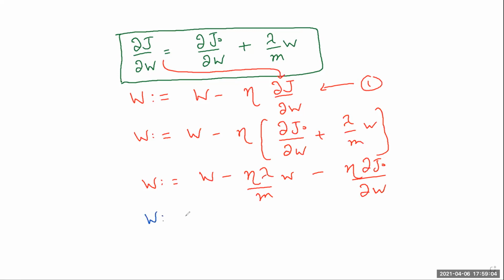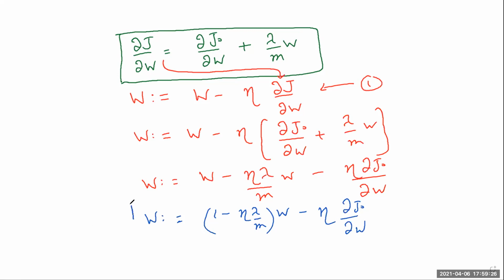Let me do one more simplification and then we discuss. I can take w common from the first two terms, so it becomes 1 minus learning rate lambda by m into w, where w I have taken common, minus learning rate times the derivative of J naught with respect to w.